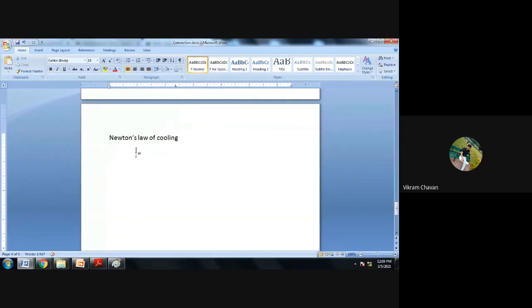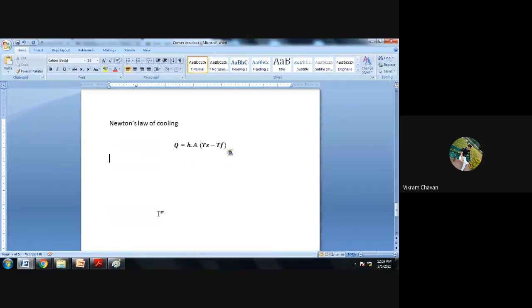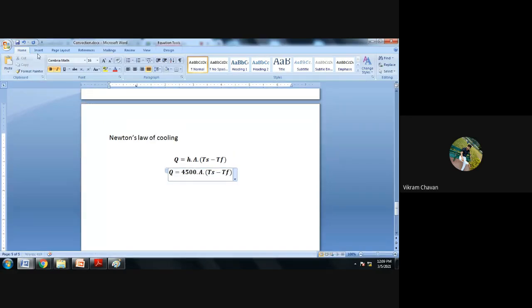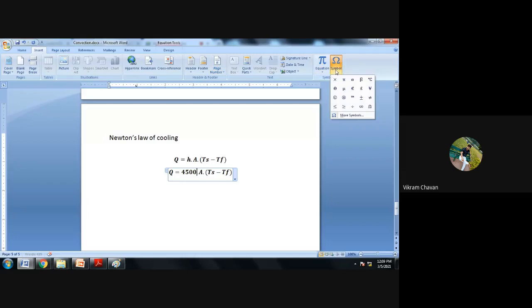Just put in the values and find the answer. The value of H is 4,500, multiplied by the area.